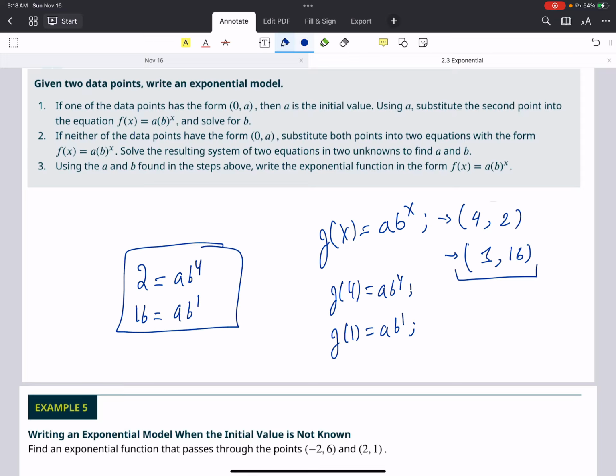How do I find the value of B? Well, why don't I just divide the second equation by the first? If I do equation number 2 divided by equation number 1, wouldn't that help me cancel out the A? Okay, let's change this.